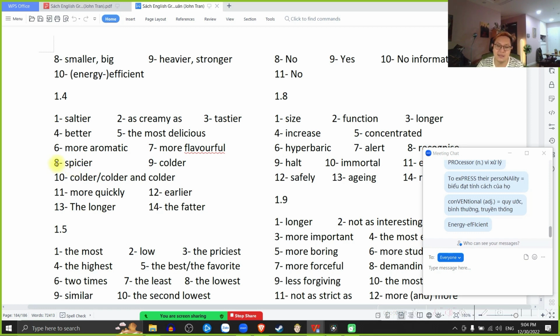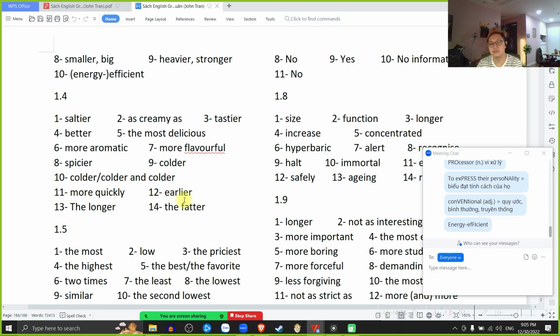Càng ngày càng lạnh hơn, colder and colder. Number 11, more quickly. Because why? This is an adverb, okay? Nó là một cái trạng từ so sánh hơn. So an adverb, comparative adverb. More quickly, một cách nhanh hơn.